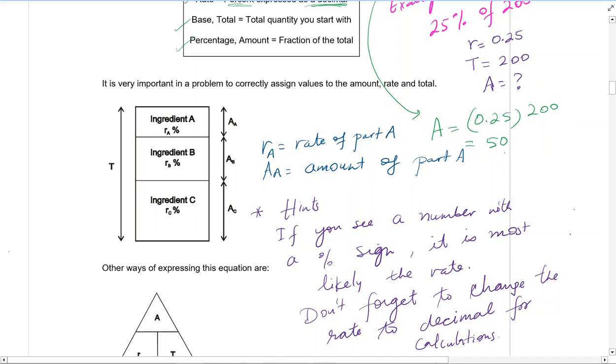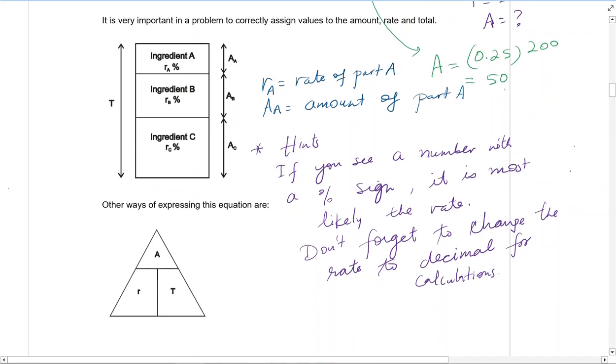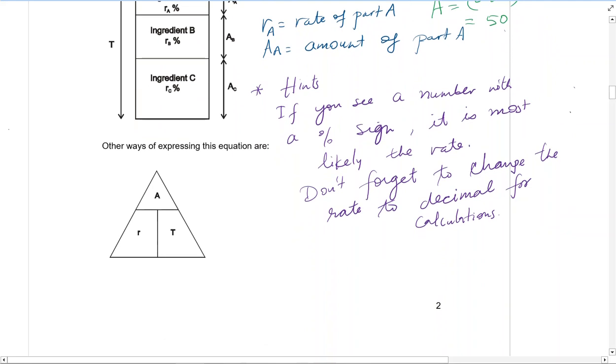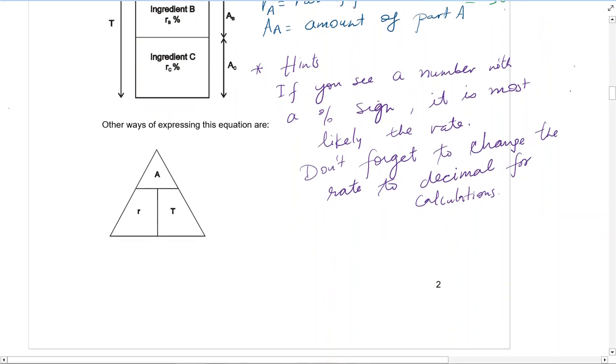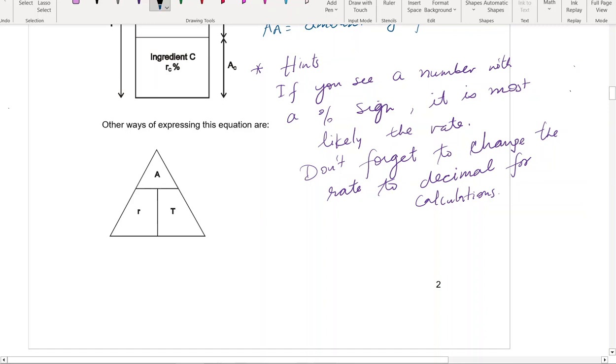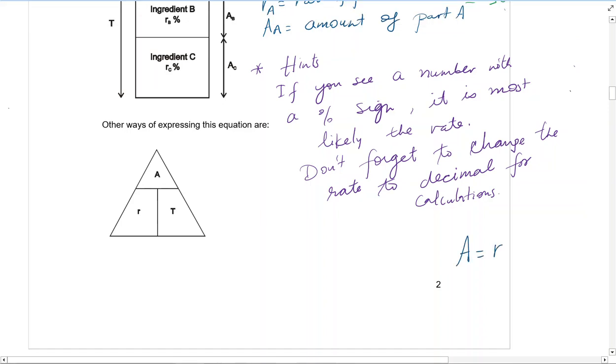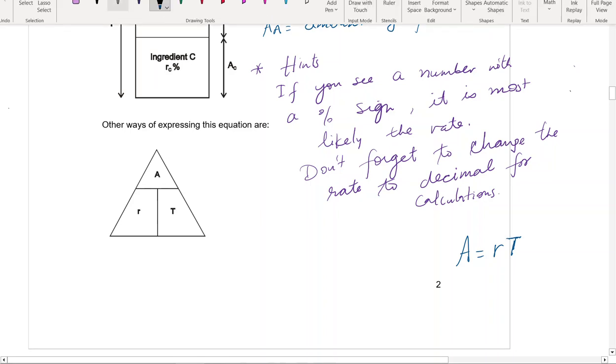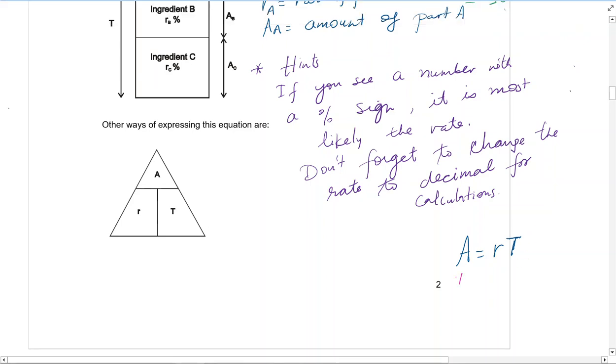And sometimes people don't know how to use the different forms of the formula. For example, we have this formula A equals R T, and if you know two things, you can find the third thing. So let's say I want to figure out a formula for T. If you want to write a formula for T, it means you want T to be alone, so you can get rid of R. So divide by R on both sides.